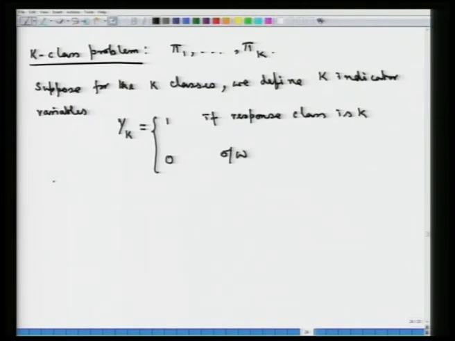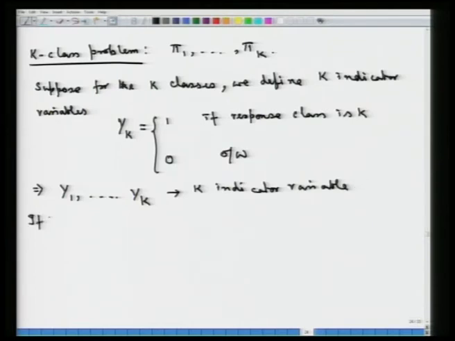So, we will have the corresponding k indicator variables y1, y2, yk. These are the k indicator variables which are going to give us the class memberships.